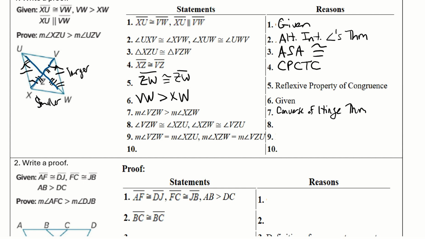So notice that those are vertical angles because they form the X, right? So this is true by vertical angles theorem. And if they're congruent, that means they must be equal by the definition of congruence. All right, remember now we can do the proof statement that goes last.